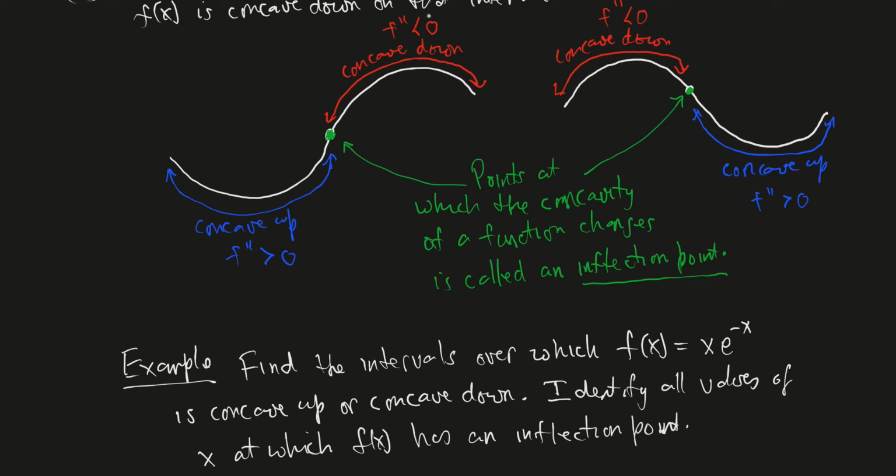And where the second derivative is negative, that would correspond to intervals of downward concavity. And where the second derivative changes from positive to negative or negative to positive, that's where the function would have an inflection point.